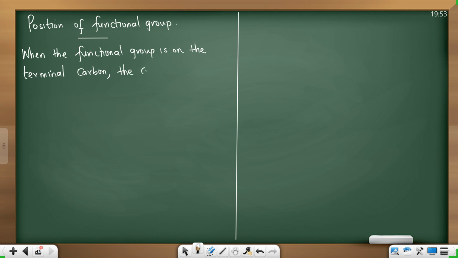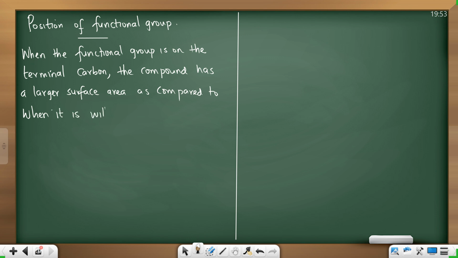The substance or the compound has a larger surface area as compared to when it is within the carbons.